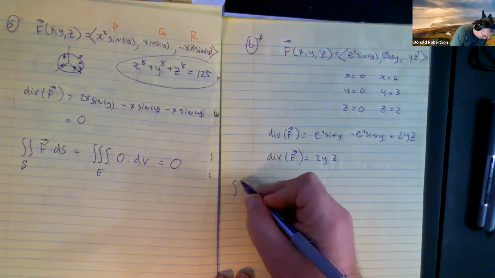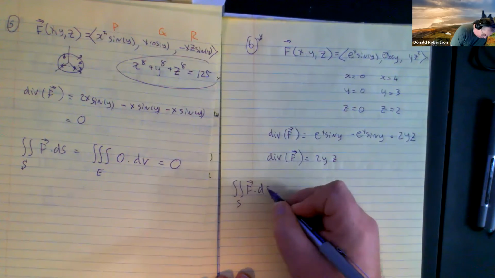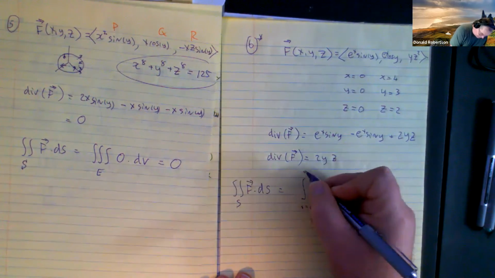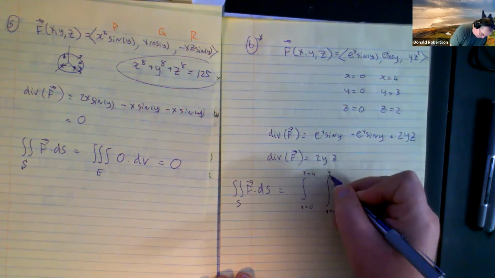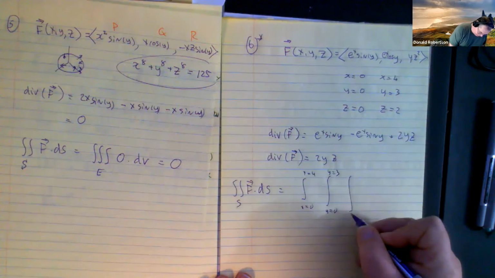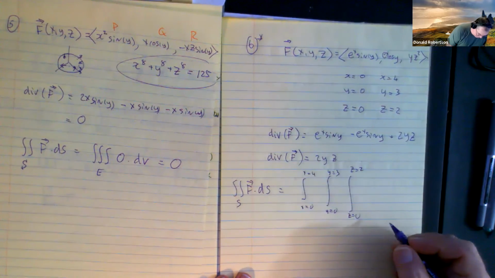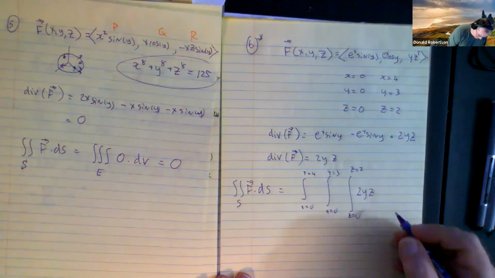So the flux is the integral from 0 to 4 for x's, from 0 to 3 for the y's, and 0 to 2 for the z's. The divergence is that guy.